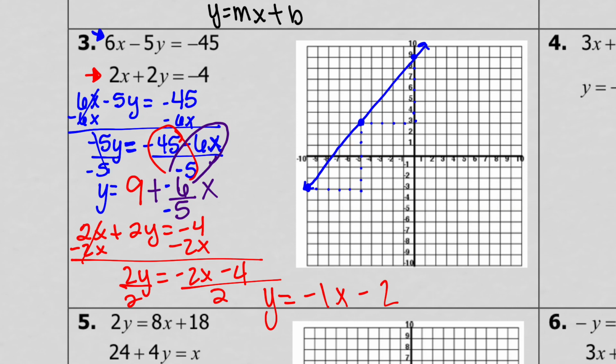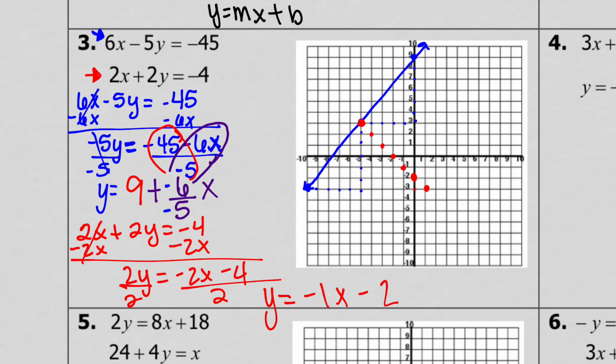So we're going to start at negative 2 on our y-axis. We're going to go down 1 and to the right 1. Or we could go up 1 and to the left 1. So I want to get closer to this point right here. All of these ones we've done so far have had a solution.